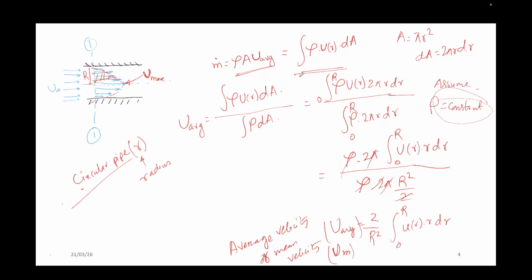If someone calculates the mass flow rate this way, it is also correct. And if someone finds it by finding U average and this formula, it is also correct. For the velocity part, I think it is okay for you.